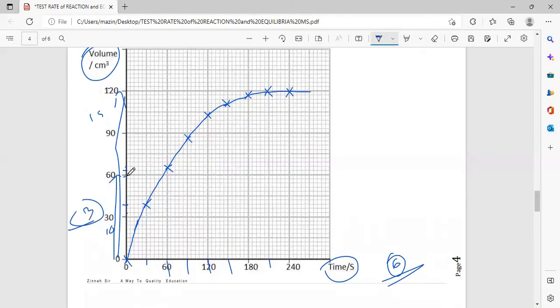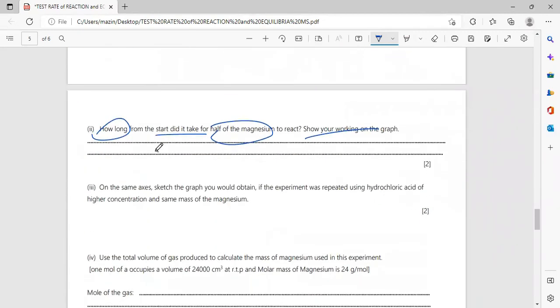Here 60 means half-life. Move to the curve and go straight down. It is 6 short of 60, so this is 54, right? This should be shown. The correct value is 1 mark, and showing it in the graph is 1 mark.